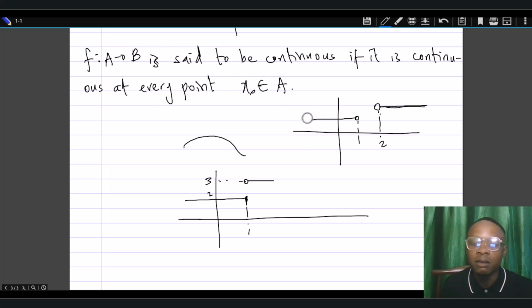So this is part of the domain of the function. This is part of the domain of the function. We still regard this function as continuous, even though it is discontinuous here. But where it is discontinuous is where the function is not defined. So it is discontinuous only at those values of x that are not part of its domain.